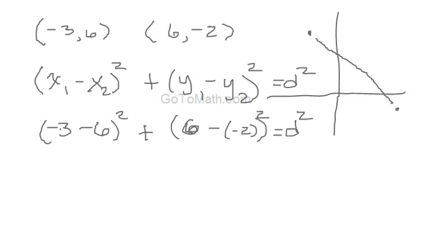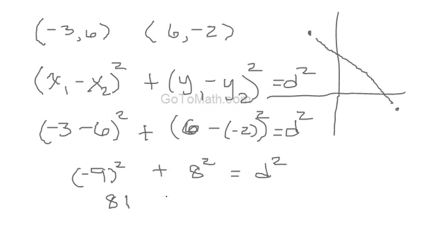There we go. So now let's go ahead and simplify this. We have negative 3 minus 6 is negative 9 squared, plus we have a minus, and a minus is going to make that a plus, so that becomes 6, 7, 8 squared. So negative 9 squared is 81.